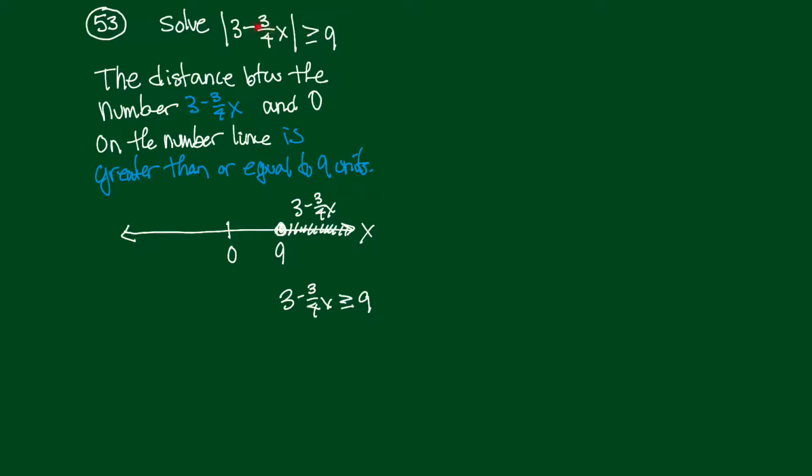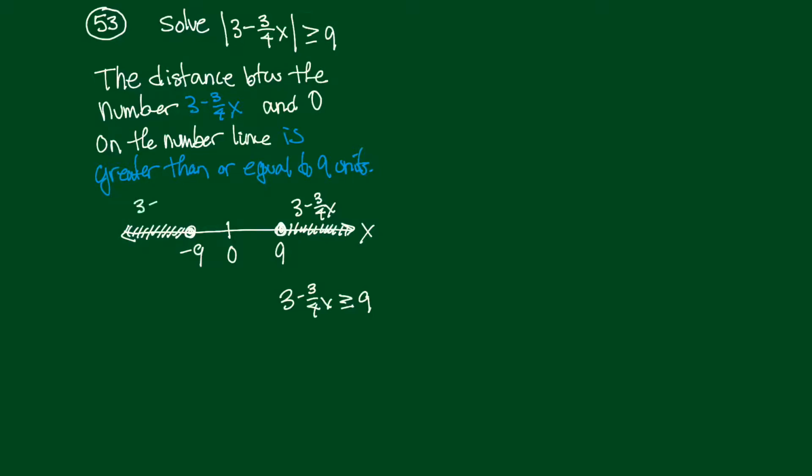But now we could have taken this number, brought it down here, and walked to the left. If you go to the left, you can still go 9 or more units. You'll still have to go at least 9 units, but you're on the left. So now you're out here at -9, and you could drop it anywhere out here, because if you drop it out there, you are more than 9 units away.